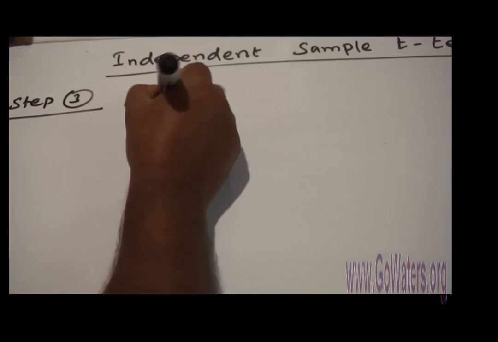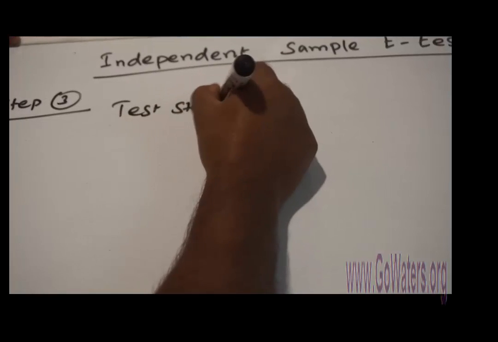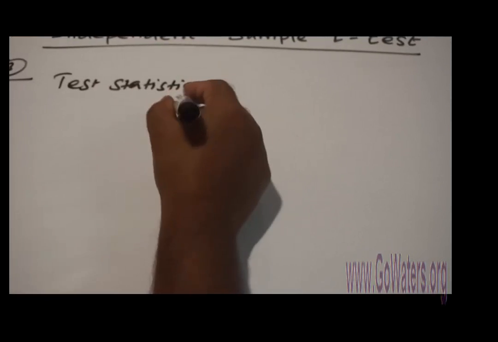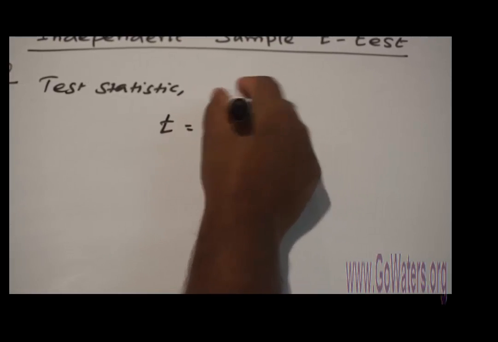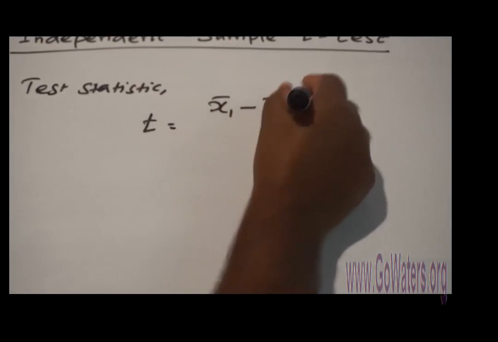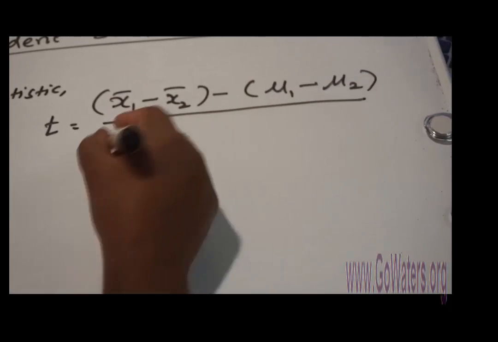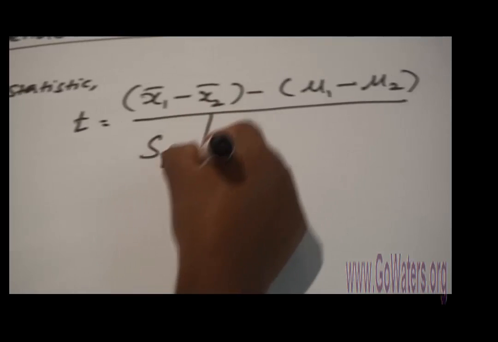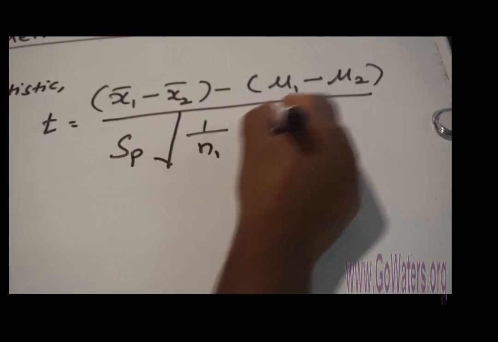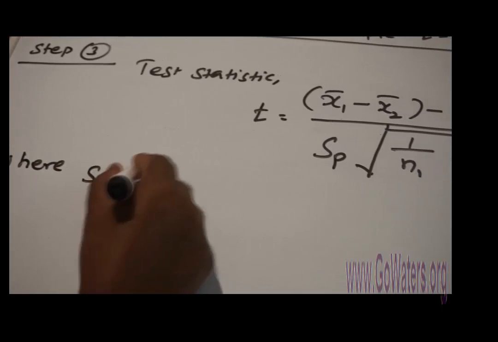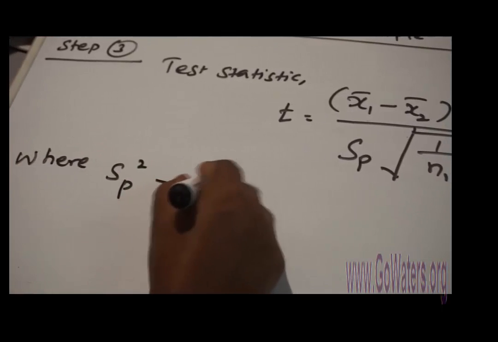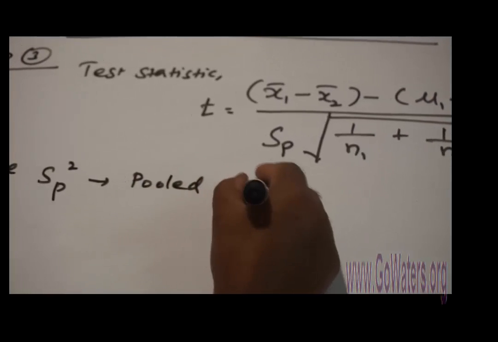Step 3 is the calculation of the test statistic. So t is equal to x1 bar minus x2 bar, minus mu1 minus mu2, the whole divided by sp into the square root of 1 by n1 plus 1 by n2, where sp square is the pooled variance.